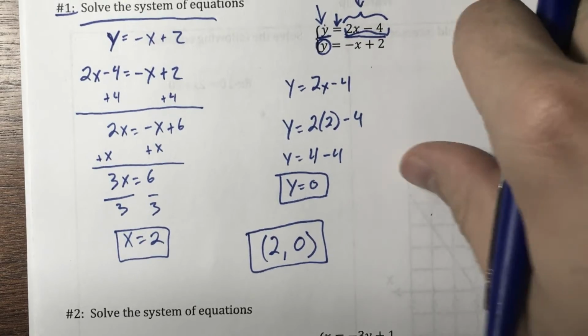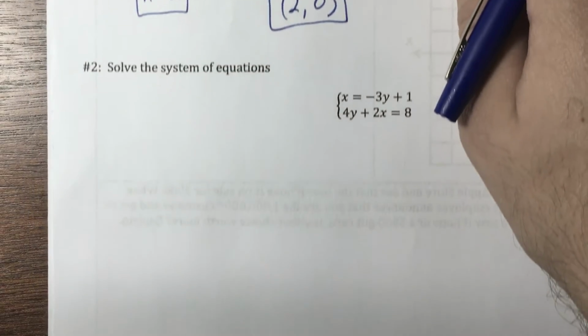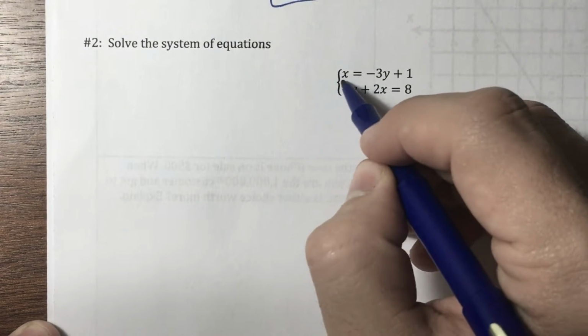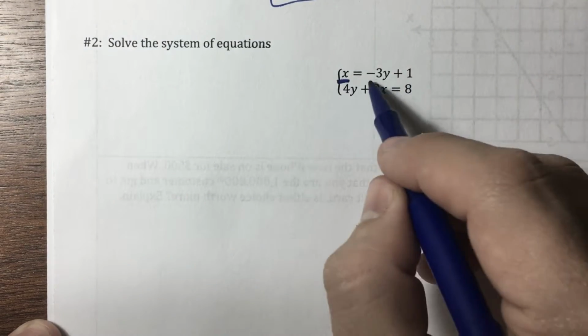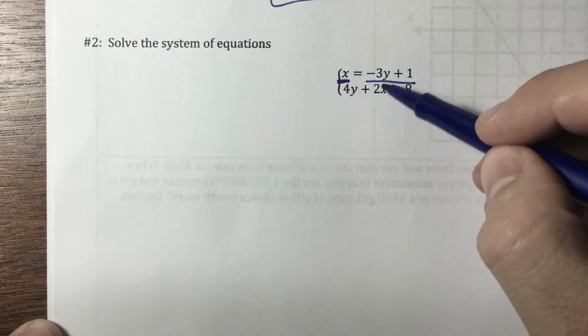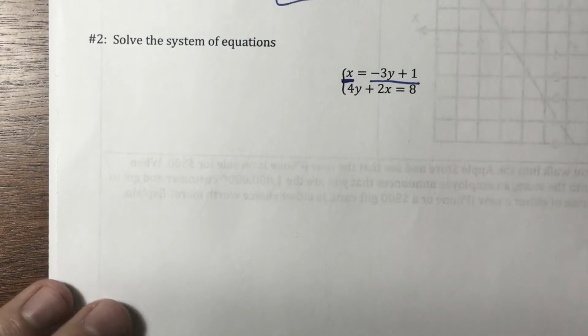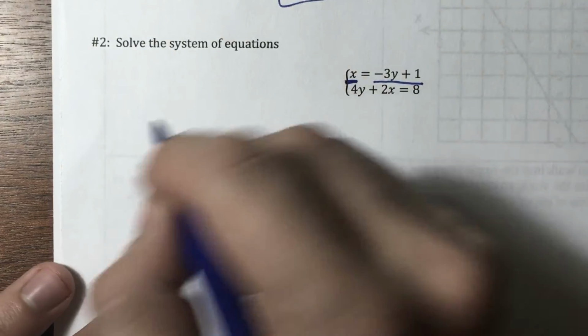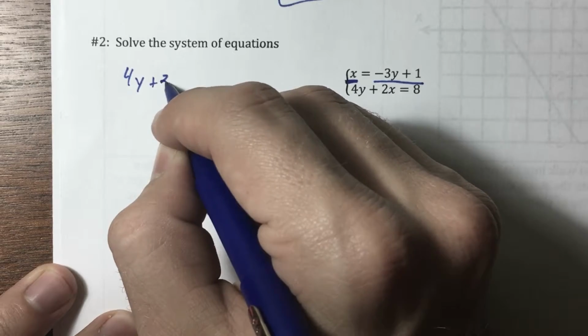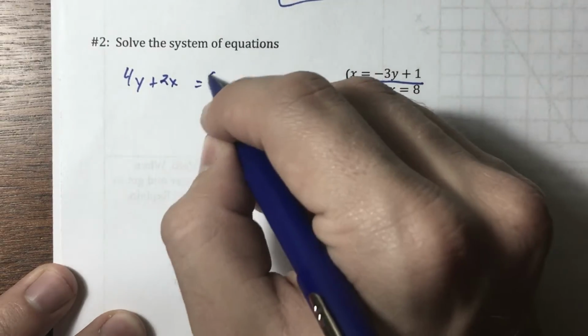This one is going to be a little bit more involved. So again, we have this top equation where we have a variable that's isolated, or all by itself. So we have x equal to negative 3y plus 1. Now, just like we did before, I'm going to take this other equation, 4y plus 2x equals 8.